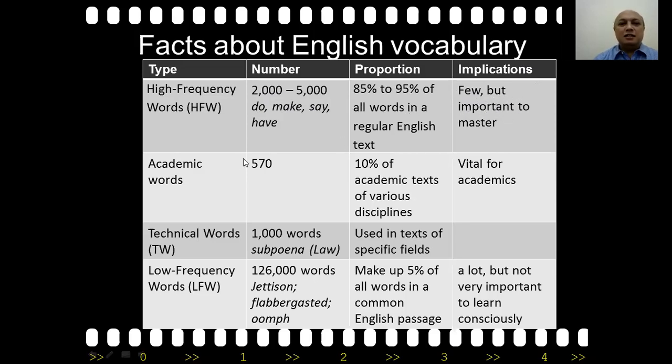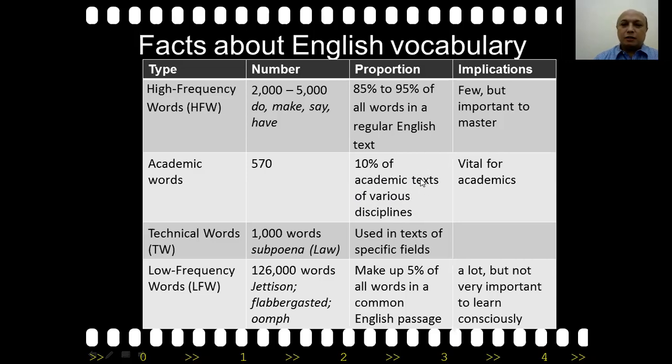Okay, the next one is academic words. This is what you are going to learn. As I said before, there are 570 words. And academic words make up 10% of academic texts of various disciplines. So academic words are not used only in English letters, but also in accounting, in history, in informatics engineering, in business management.